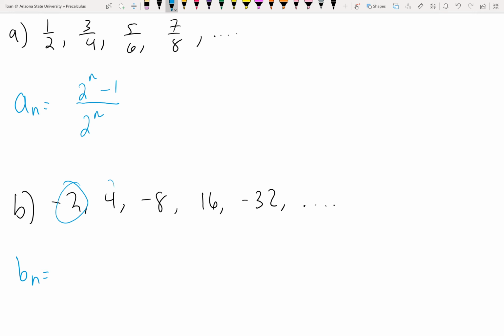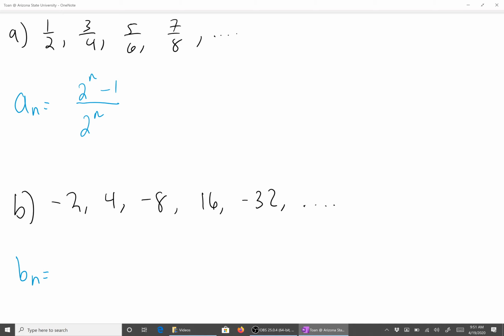This is 2, 4, it's not 6, but it's 8. It's not 10, it's 16, then it's jumping all the way to 32. I hope, again, this should be a pretty obvious, straightforward pattern, that these are not the multiples of 2, but these are the powers of 2. Instead of adding 2 every single time, we're doubling by 2. So I know it's going to be some sort of exponent.